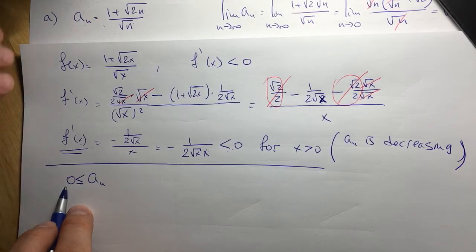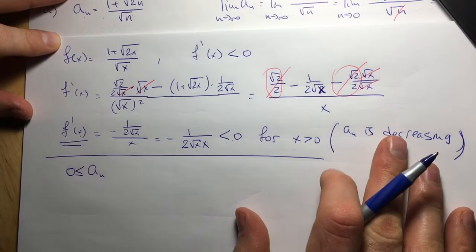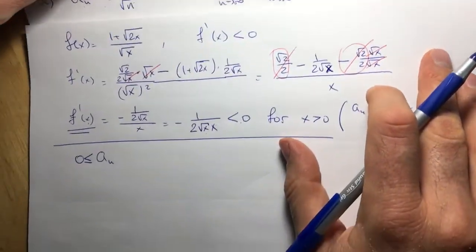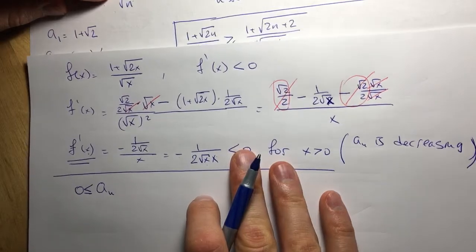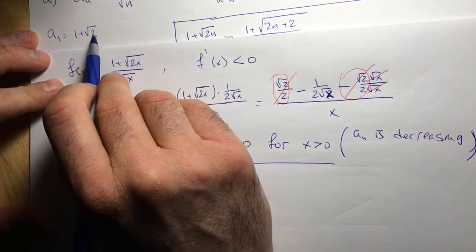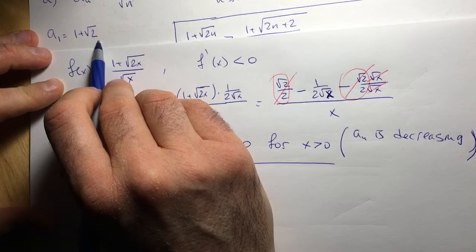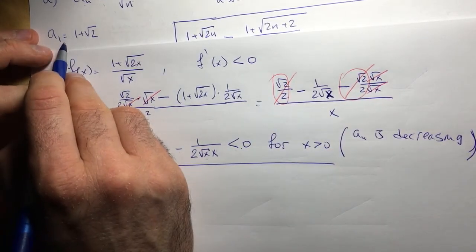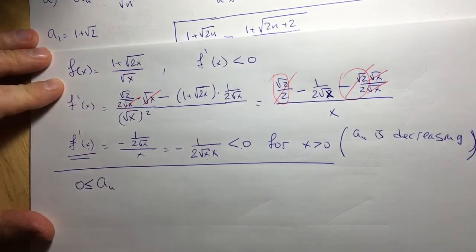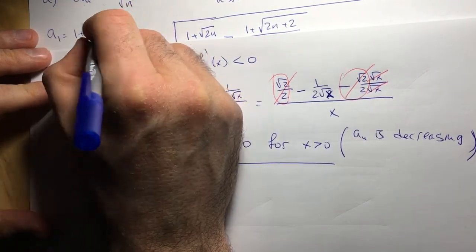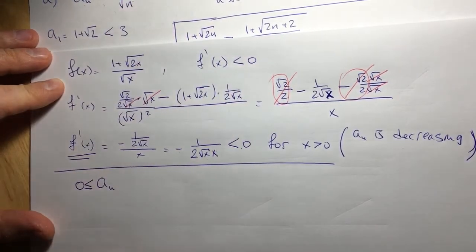Okay? And now I have to show that this sequence is bounded from above. How am I going to do that? Well, I have shown that the sequence a_n is decreasing for every n, starting from the first one. So I can show that a_n is going to be less or equal to a_1, and maybe that's going to be the easiest thing, but I also can show this is obviously less than 3.